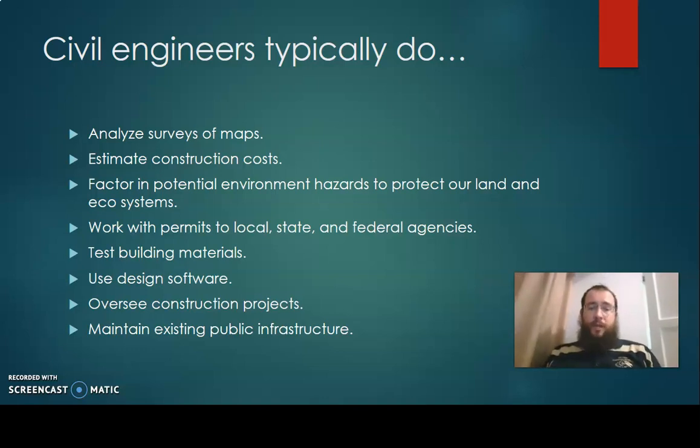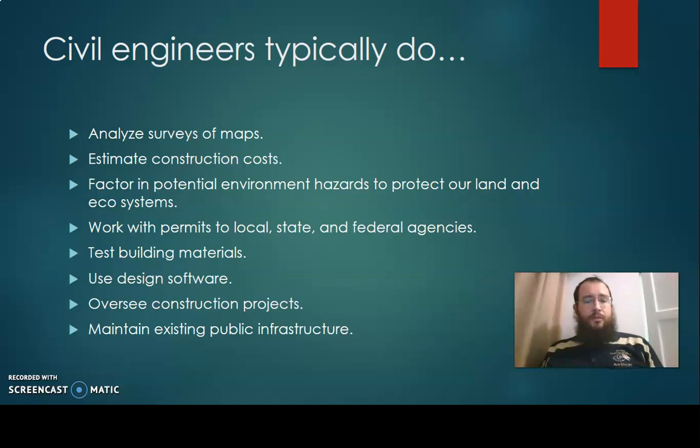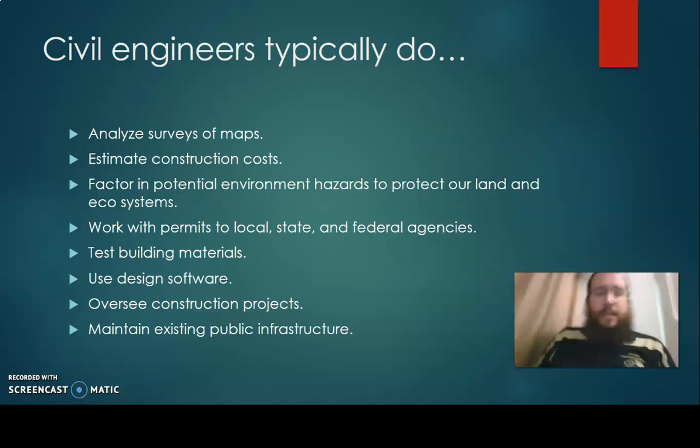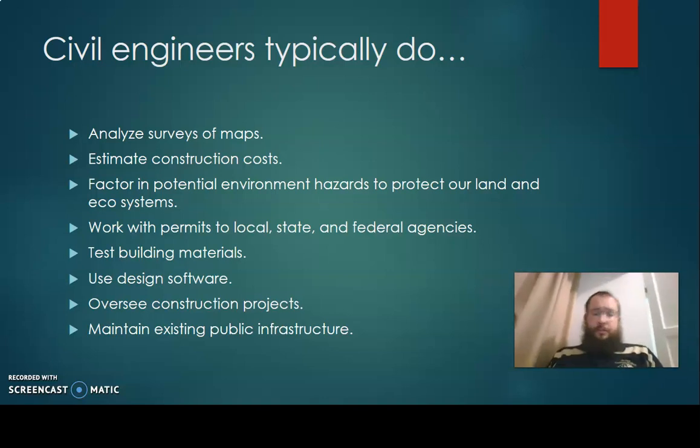Both local, state, and federal agencies produce permits that civil engineers need to know how to work with. They will test building materials, use design software, even like what we use, AutoCAD, though many times it's more of a 2D nature, or Autodesk. Oversee construction projects and maintain existing public infrastructure.